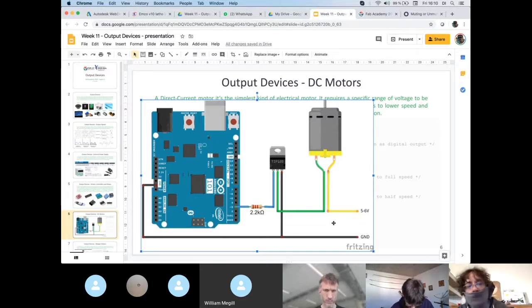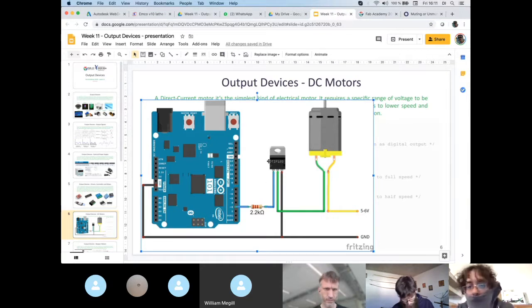As you can see here, the ground is shared between the microcontroller and the GND. This GND outside comes from a battery or an external power supply. But the positive voltage that goes here is not shared. It comes directly from the outside. So basically, the transistor here is like a valve, as William said, that can be opened and closed according to the PWM that you have here at the gate.